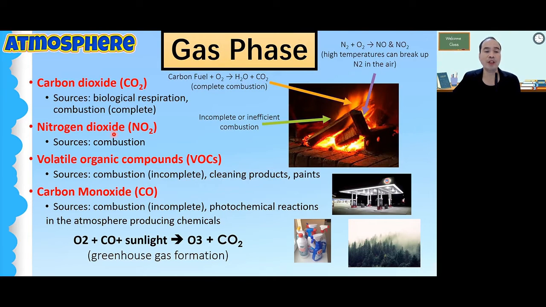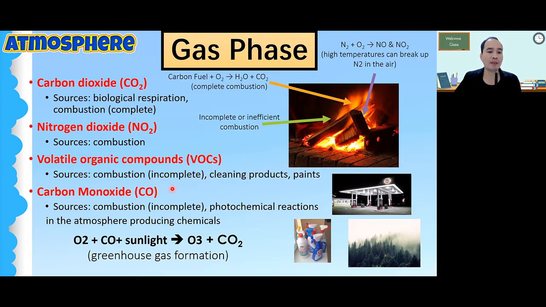We also have here your nitrogen dioxide, which can also be found in combustion or your burning. We also have your volatile organic compounds, or VOCs, which can be found in your incomplete combustion. We also have here your cleaning products at home and also your paints.